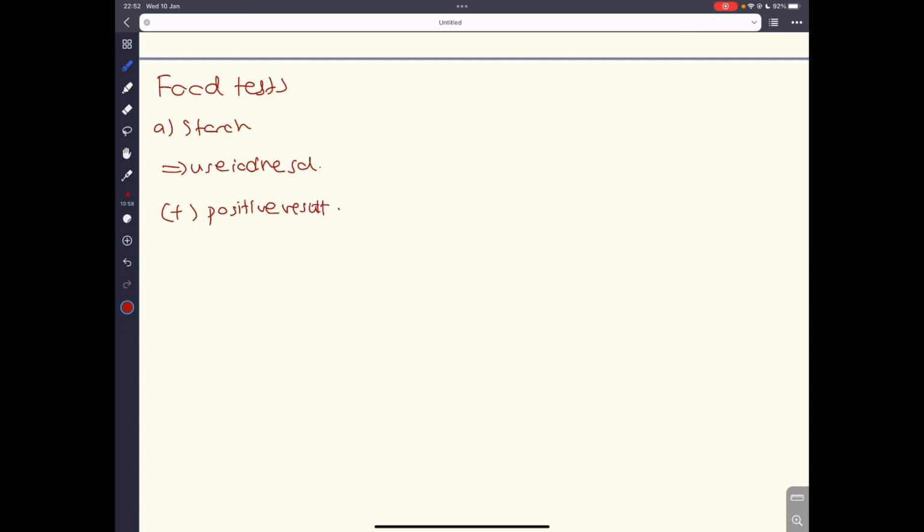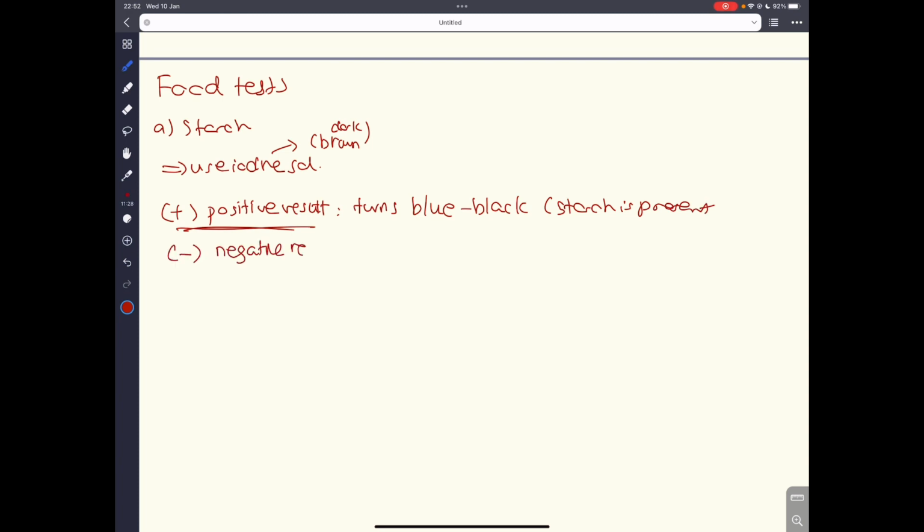It turns the iodine solution, which is dark brown in color, blue-black. Positive result meaning starch is present. Now, when starch is not present, negative result, the iodine will stay the same color because obviously there's going to be no change.